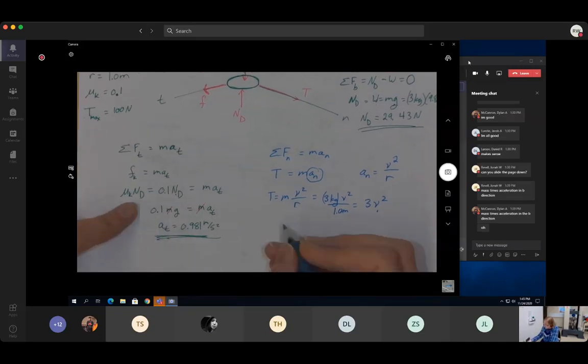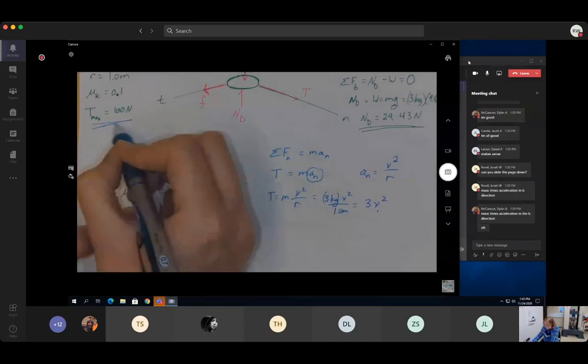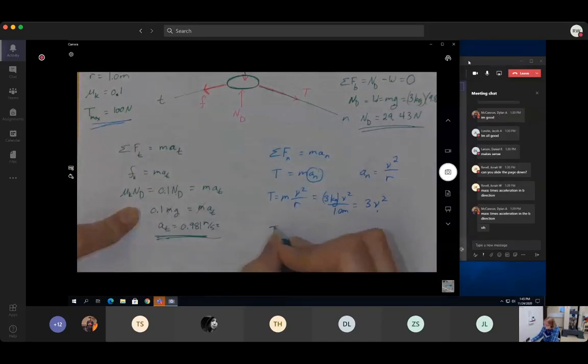Okay, so we also said that our maximum tension is 100 newtons. And so we can come up with a critical velocity. I'm going to use subscript CR here for critical velocity.